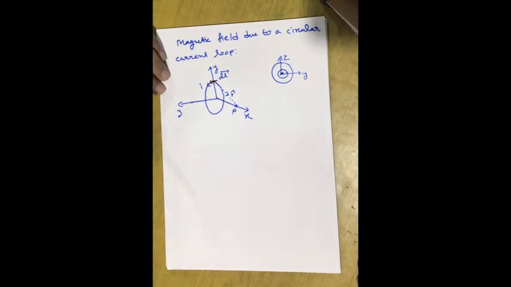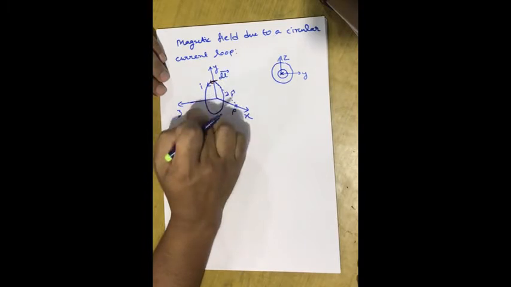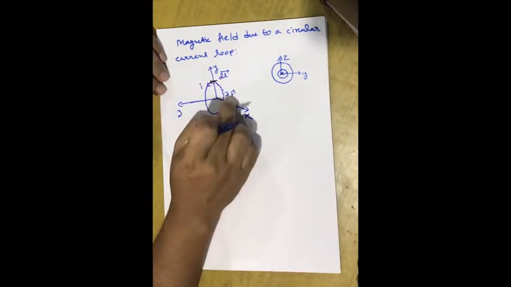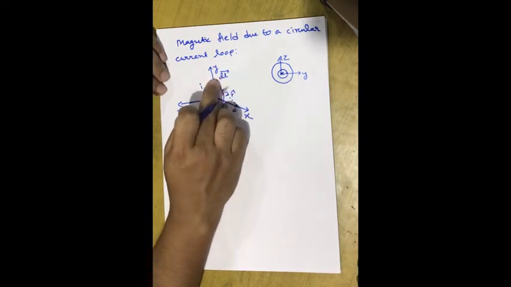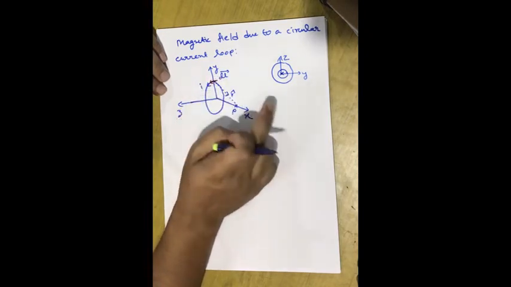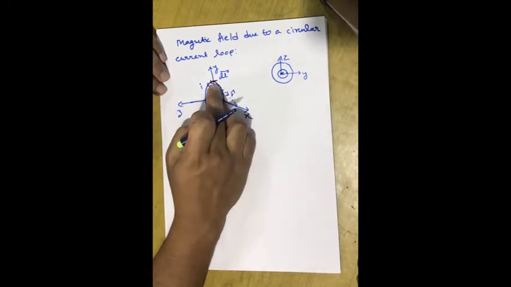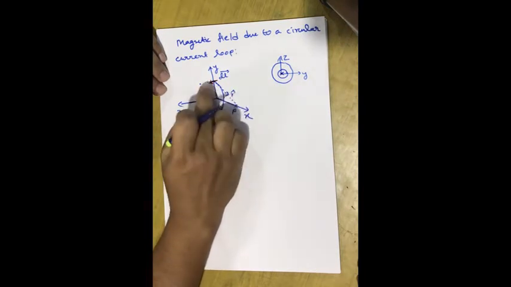Now one thing you have to remember: this is the YZ plane and this is the XY plane. The position vector is in the XY plane, and we are considering the dl element in the YZ plane. As you probably know, any line in the XY plane is perpendicular to the YZ plane. Therefore, the r cap position vector is perpendicular to dl.